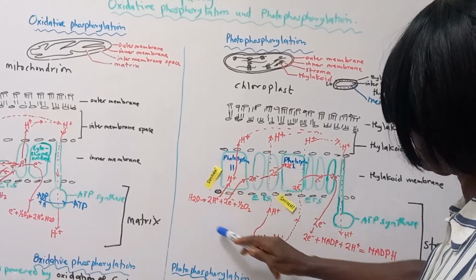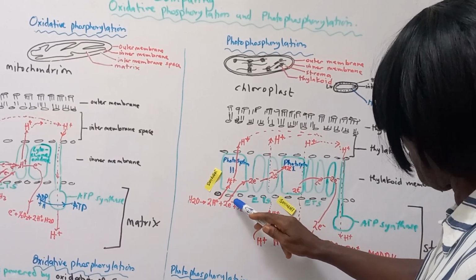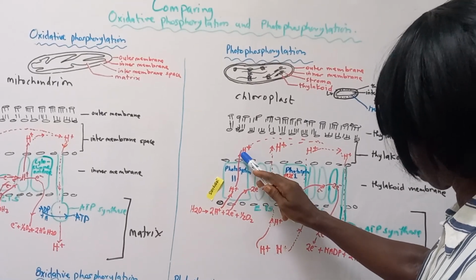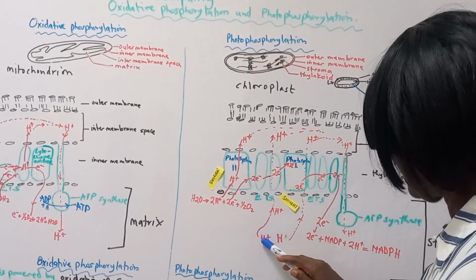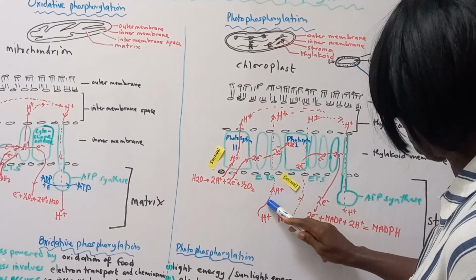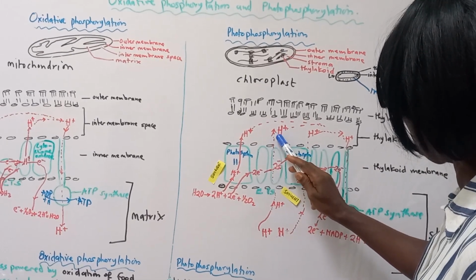So in photosynthesis, hydrogen ions do not only move from the membrane into the intermembrane space, but hydrogen ions are also shunted, pushed from the stroma into the thylakoid membrane and get into the intermembrane space.